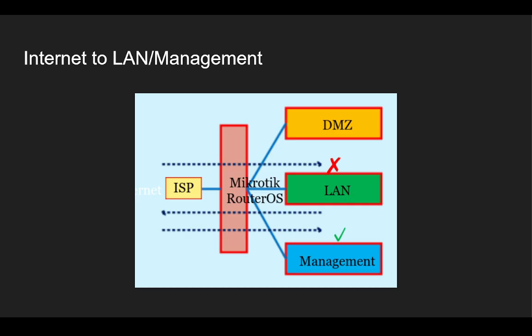Just established connections between the LAN and the internet we have to allow. In the direction from the public internet to the LAN it has to be blocked. But the direction from the LAN to the public internet we have to allow, because obviously the users need to use internet to work. Perfect.